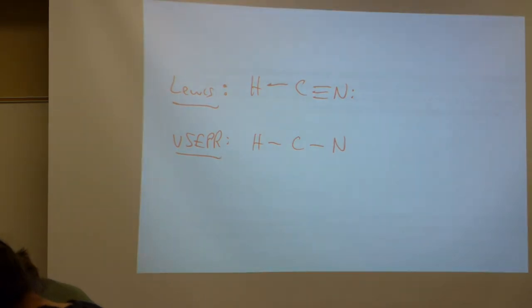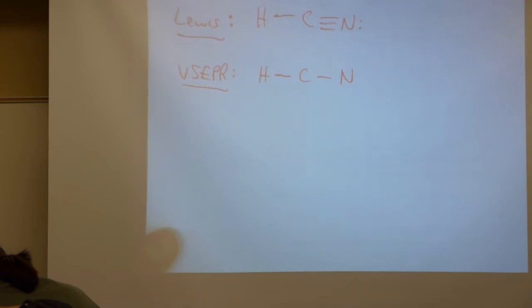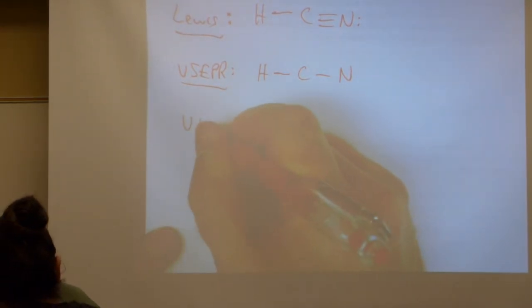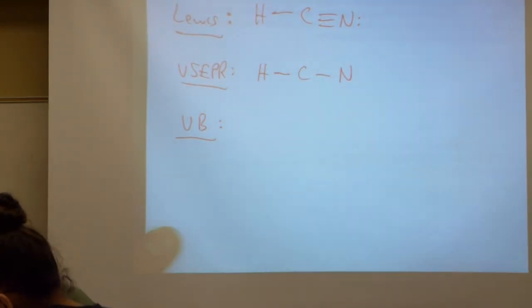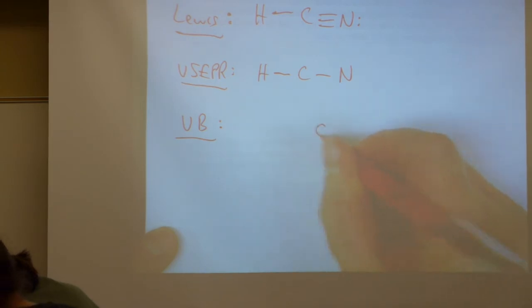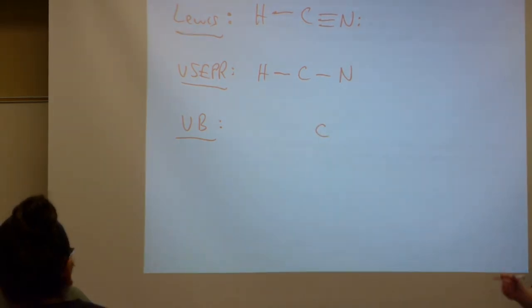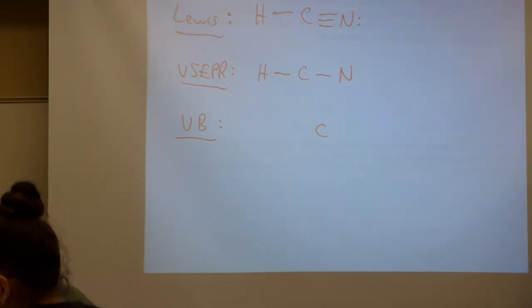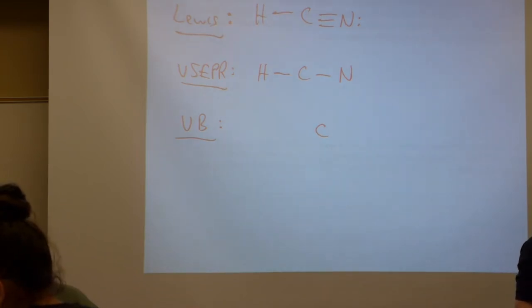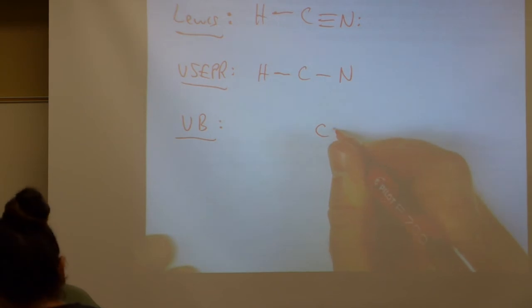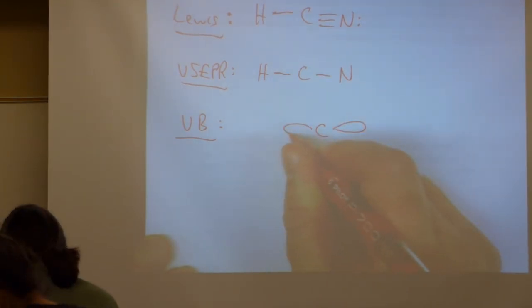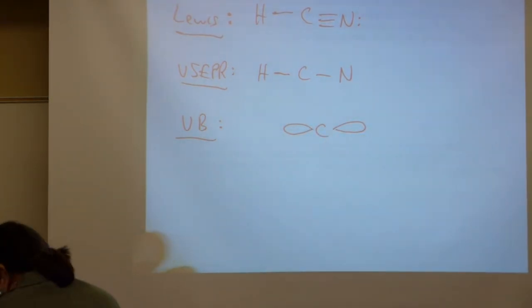What bonding takes into account that shape? Okay. Here's the VB sketch. How do I start? Look at your chart. How many lobes do I put on that carbon? 2. I put 2. So I'm going to start by putting carbon in the center with 2 lobes.